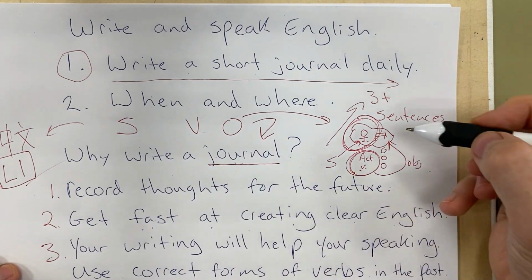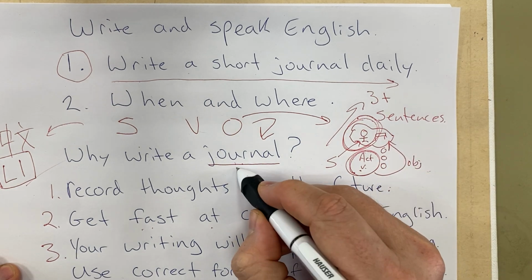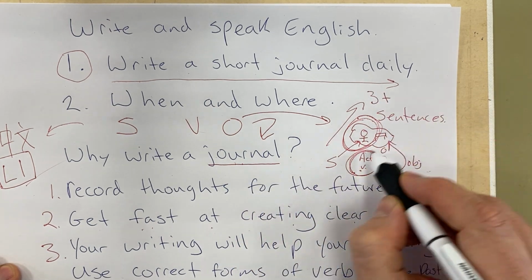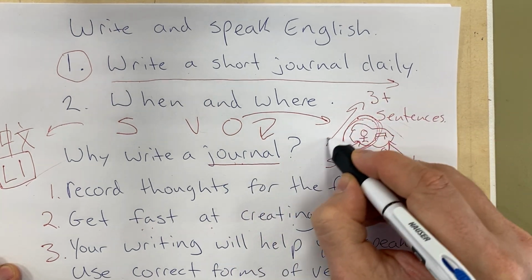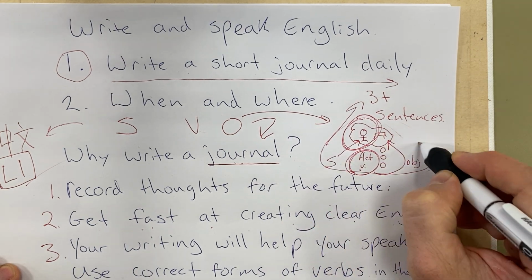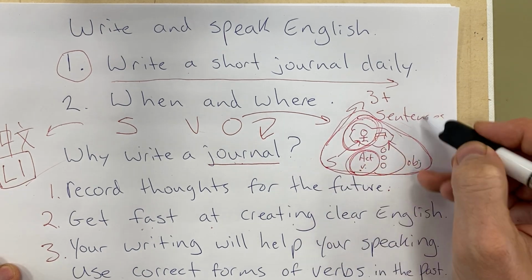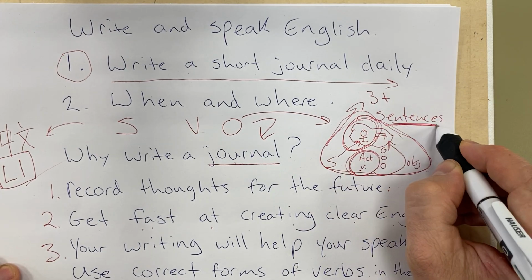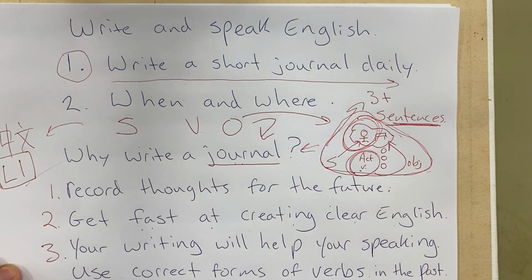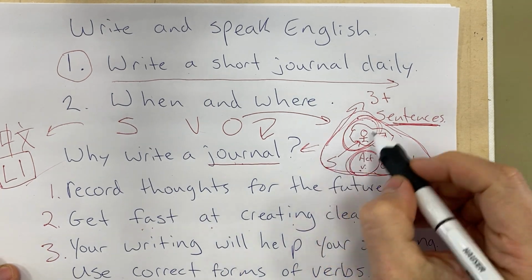Whereas if you write first in your journal every day, you're going through this process of, this is how native speakers speak English. You're going through this process many, many, many times as you write your journal and you tell your story. And you will get faster.